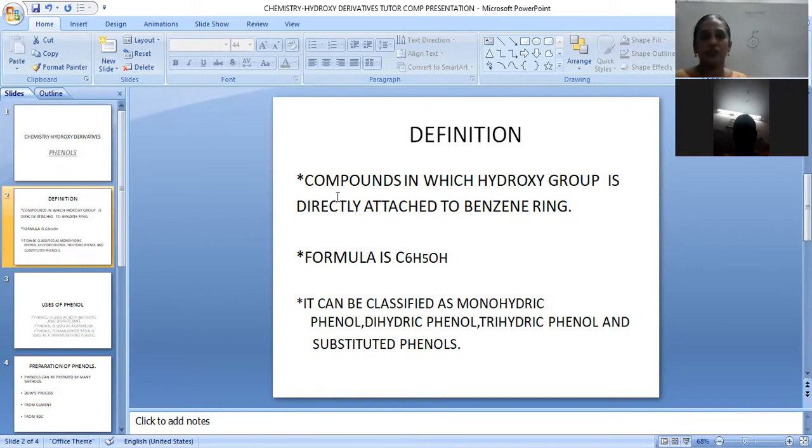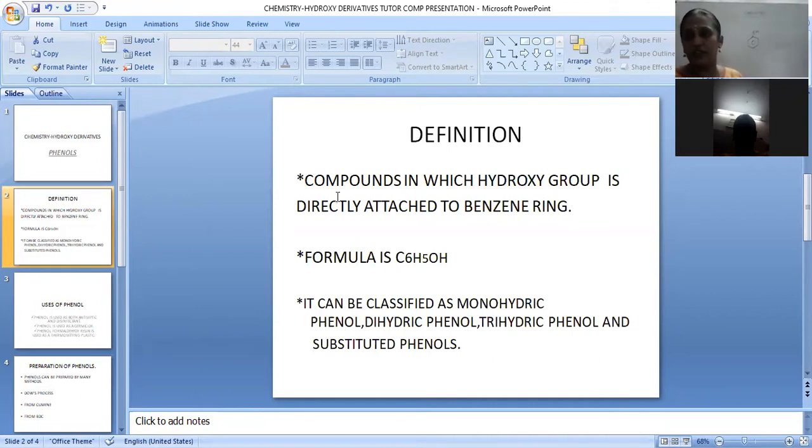Compounds in which a hydroxy group is directly attached to the benzene ring, a benzene ring where an OH group is directly attached, such compounds are going to be called phenols. Its formula is C6H5OH.